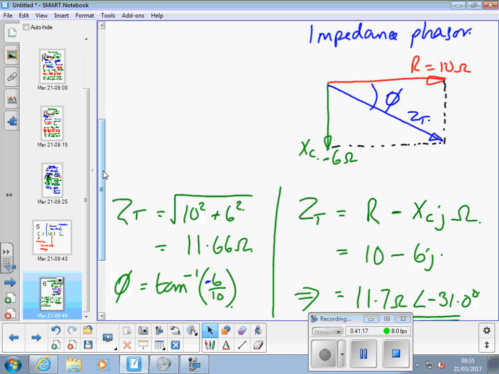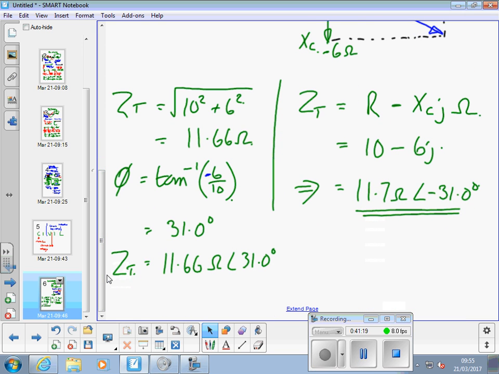So if you do that tangent again, you'll find that the angle comes out at -31 degrees, and that'll be correct. So if you are going to use that method, you need to be careful. But then again, you need to be careful with the complex numbers, that you get the sign of the reactive part correct, according to whether that's XL or XC.